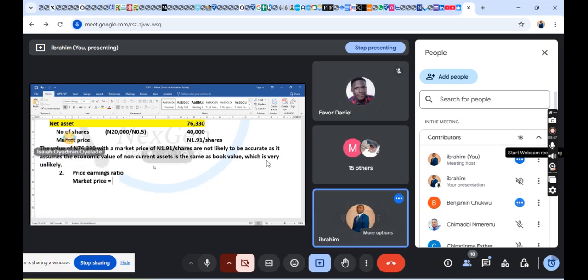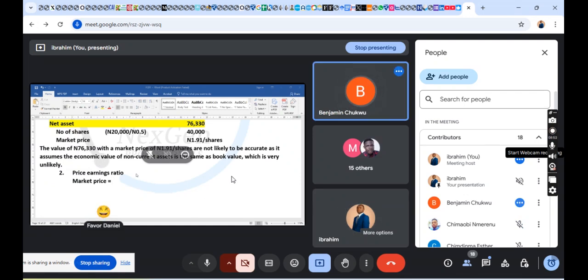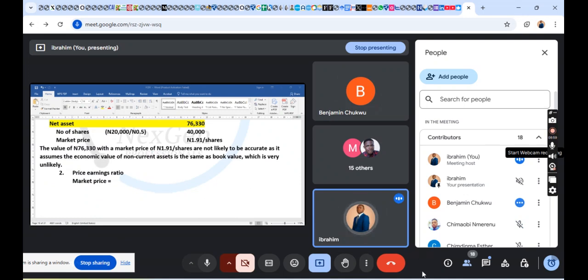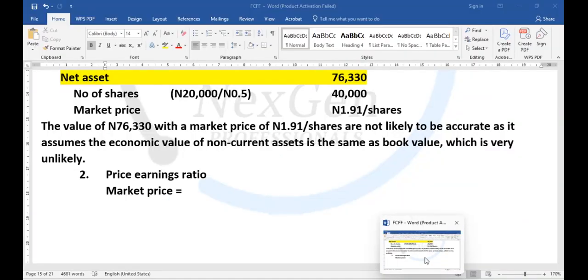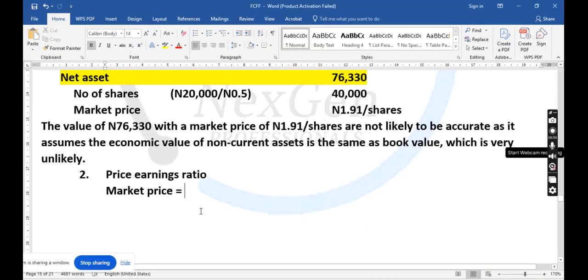PE ratio is equal to market price over earnings per share. Price earning ratio times earnings per share.